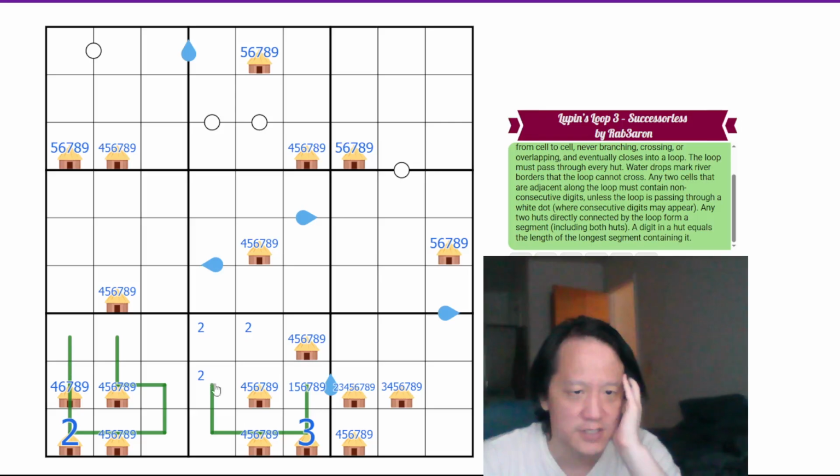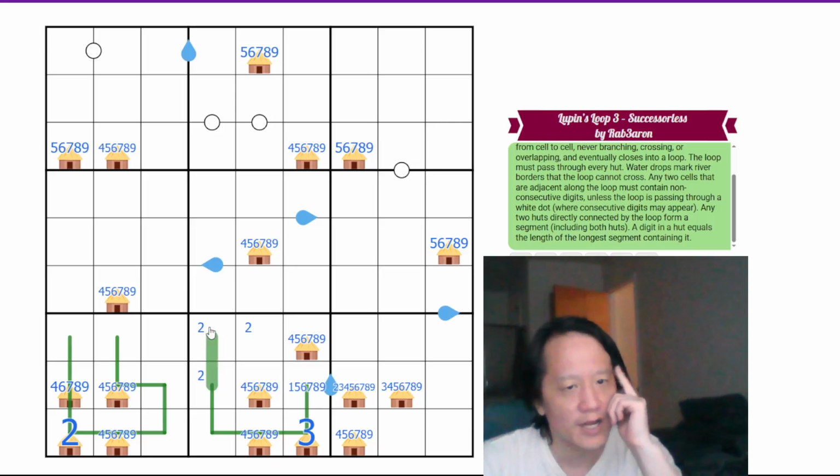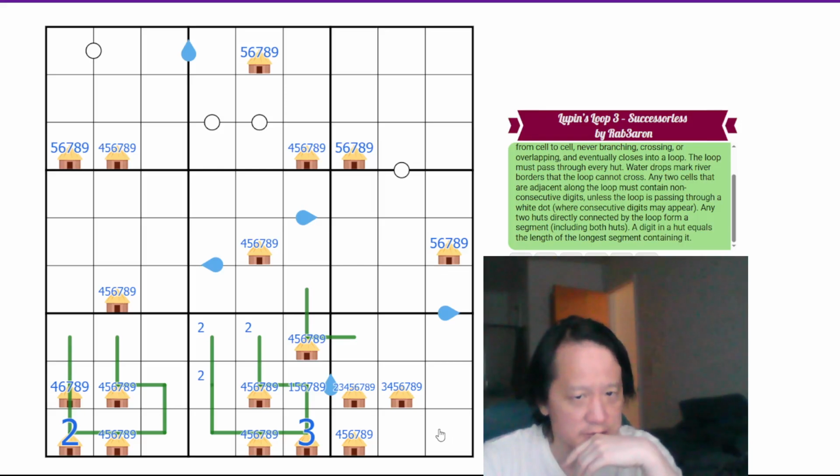This cannot go that way because then that's 4, this is 4, and that's 4, and that would be a duplicate. So it has to go that way, which means it has to connect there. That's funky. These can't connect, because then both of these would be 4.